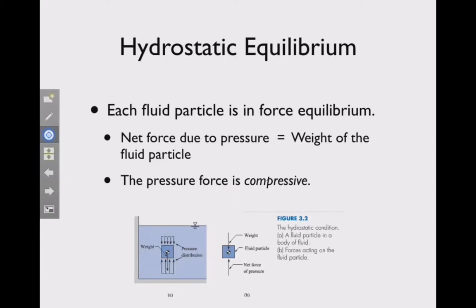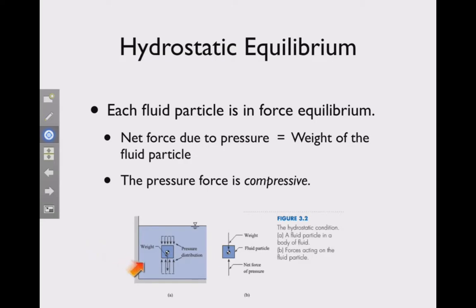So let's get going. What is the central principle behind hydrostatics or fluid statics? It's really the hydrostatic equilibrium. And this is an extremely important concept to understand. So this particular slide has a number of important things. In statics, because the fluid particles are not moving, each fluid particle is going to be in force equilibrium.